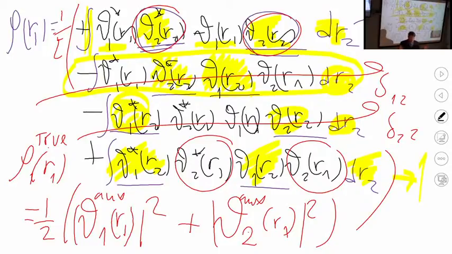Now, if you do have total density, we can plug it into the expression for the functional derivative and get external potential. And if you have external potential, we can plug it into the Kohn-Sham equation and get orbitals. And then we can take orbitals and construct total density. And repeat.